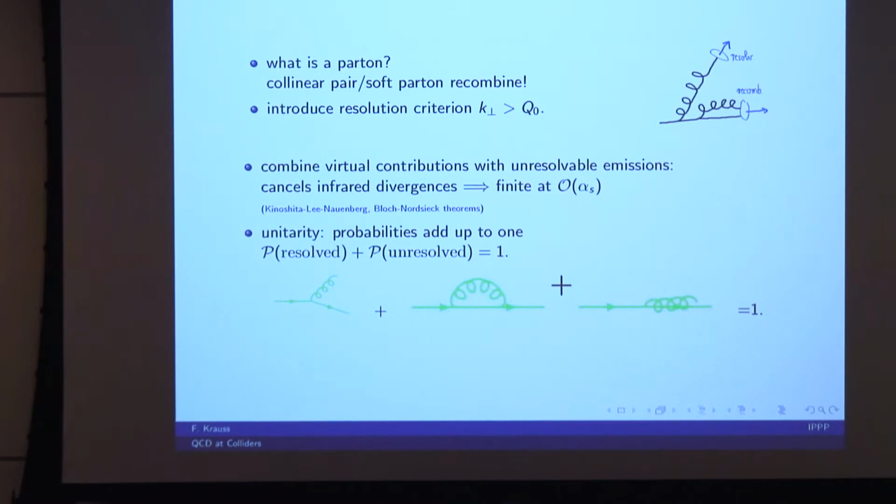The very moment you use the word probability, it adds up to 1, at each order. Because look, whatever the probability for you emitting a photon is, I know that if I add the probability of you not emitting something, then it's 1, because you either emit or you don't. And this is true for every single emission.